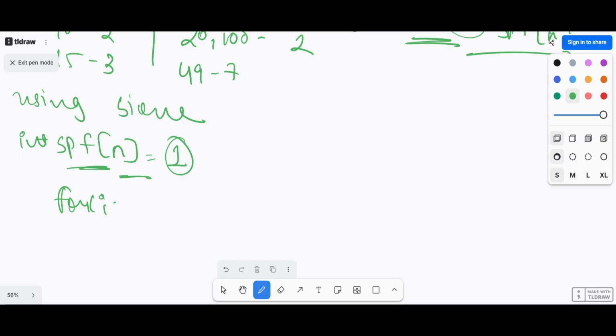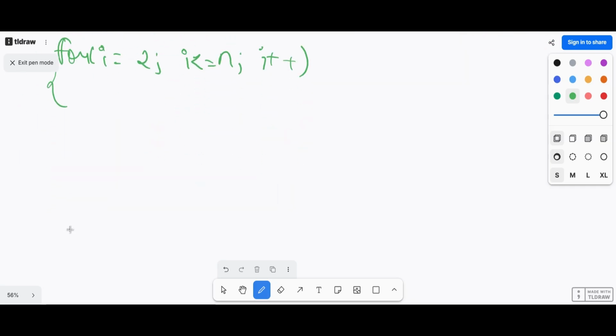Now I could traverse from 2 until i is less than or equal to the maximum of n, because for every number I have to find the smallest prime factor. Now if the smallest prime factor of i is 1, that means i is a prime number.